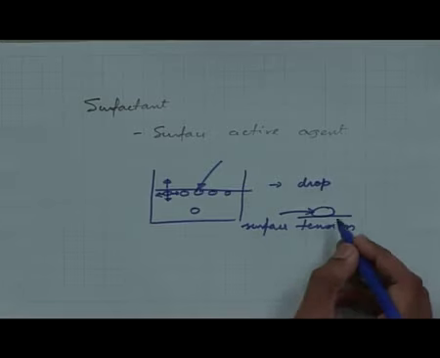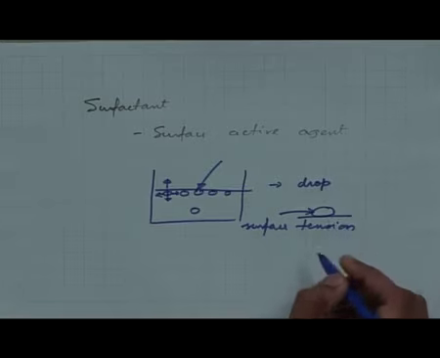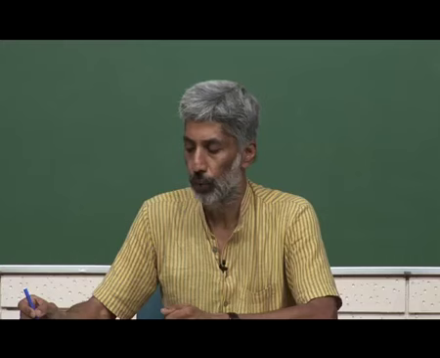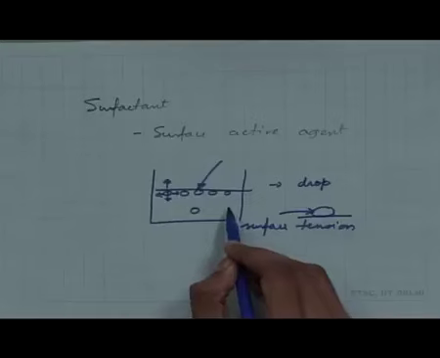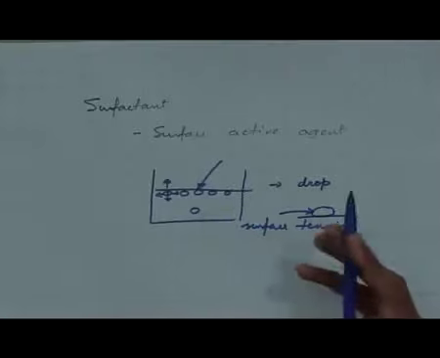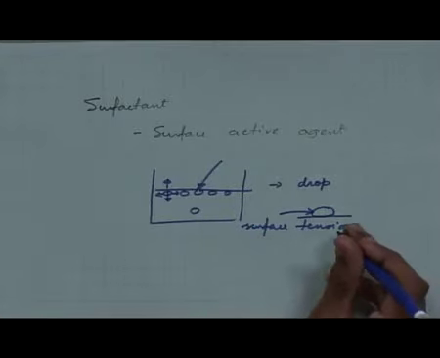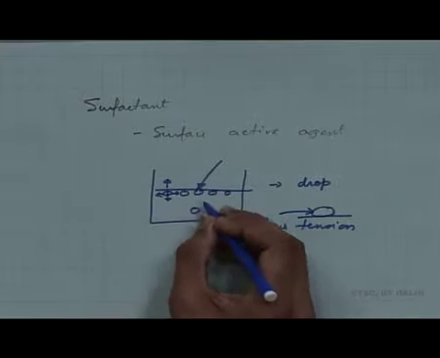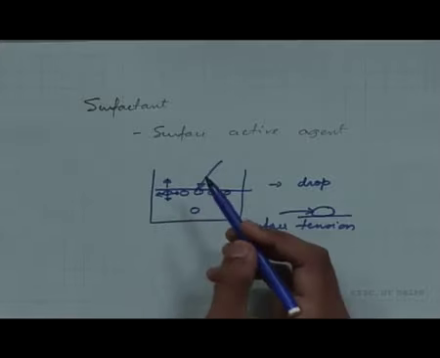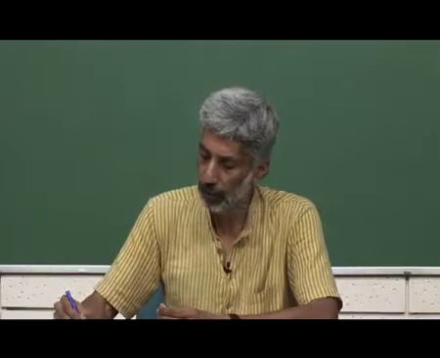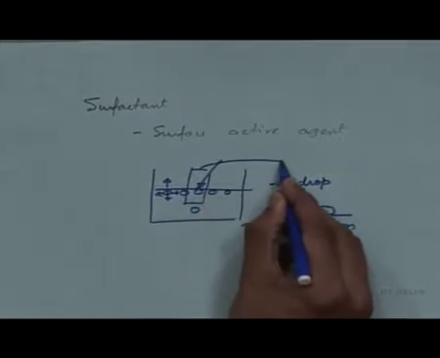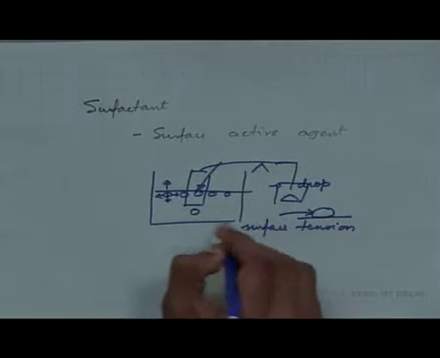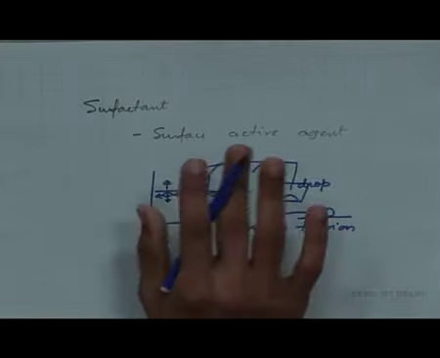And any time you create a surface, you have to do work on it, and the surface tension is a measure of the work that you do to increase the area of a surface by 1 square centimeter or 1 square meter, depending upon what units you use. So, this is easily measured. All that you have to do to measure the surface tension of a liquid is to take a microscopic slide and you dip it into this, and you can balance this with a weight, and from this you can measure what is the surface tension of the liquid. But that is not important for us.